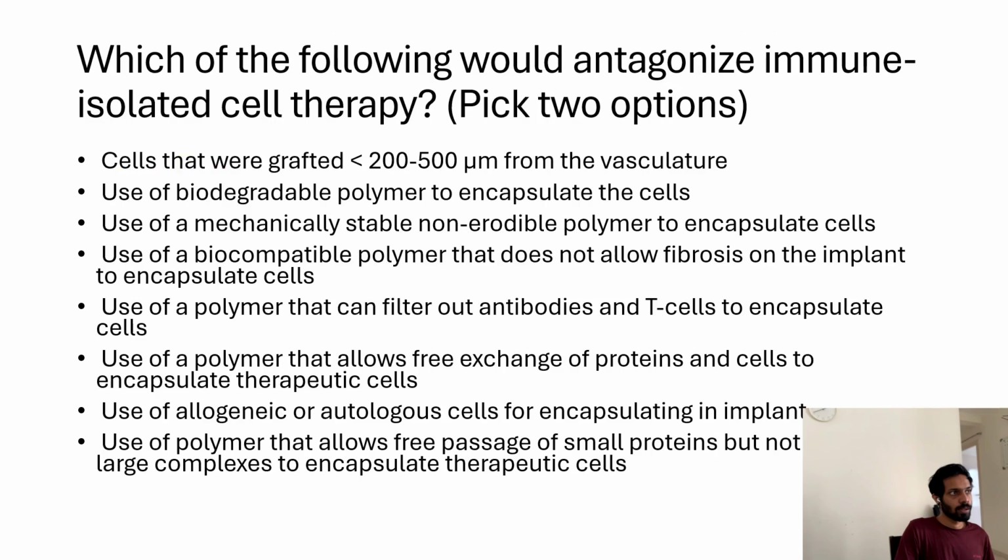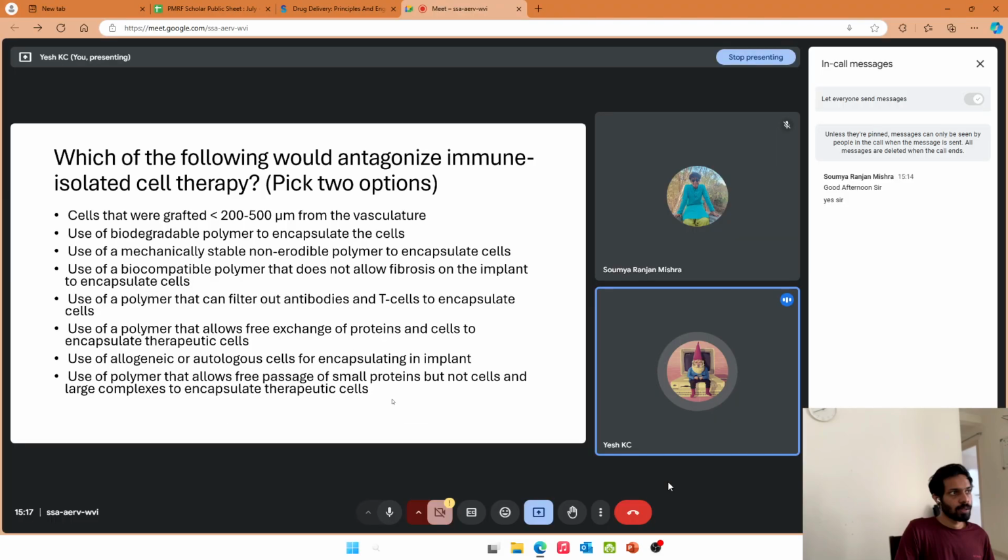Okay. Which of the following would antagonize immune isolated cell therapy? Pick two options. Cells that were grafted less than 200 to 500 micrometers from the vasculature, meaning blood vessels. Use of biodegradable polymer to encapsulate the cells. Use of mechanically stable non-erodible polymer to encapsulate the cells. Use of biocompatible polymer that does not allow fibrosis on the implant to encapsulate cells.